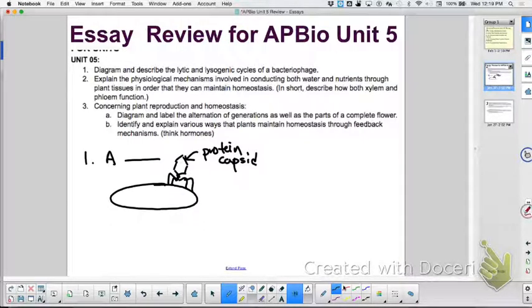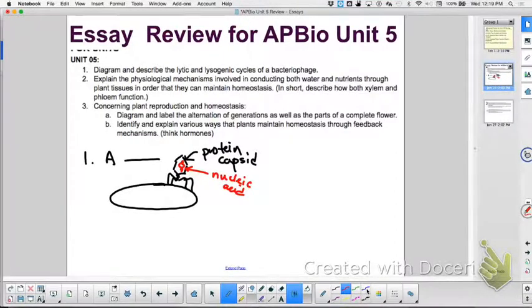No. I would label that a what? Yeah, a nucleic acid. Exactly right. Then I would probably have something in here that I would label as the what? The host chromosome. And once I've labeled all of these things initially, I don't have to redo it again, right?